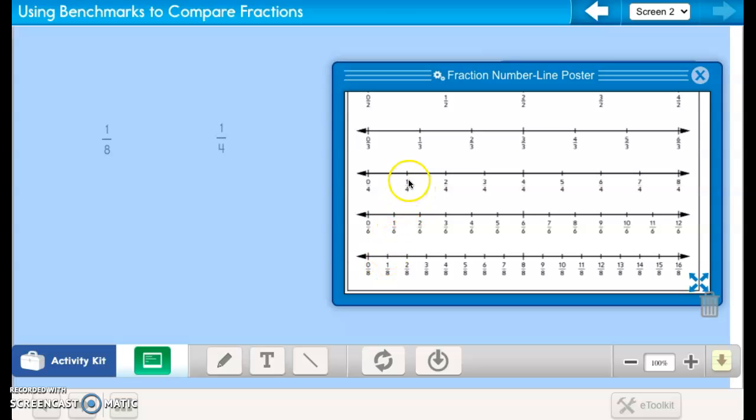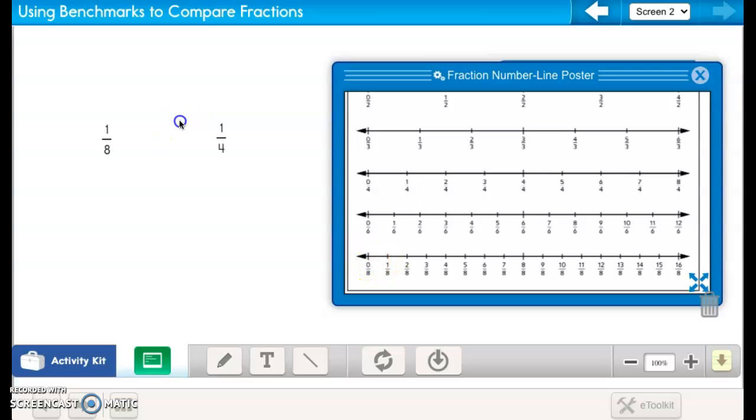So which one's bigger? Well, 1/8 is closer to the 0. So actually 1/8 is smaller. So 1/4 is bigger. So we're going to draw that.